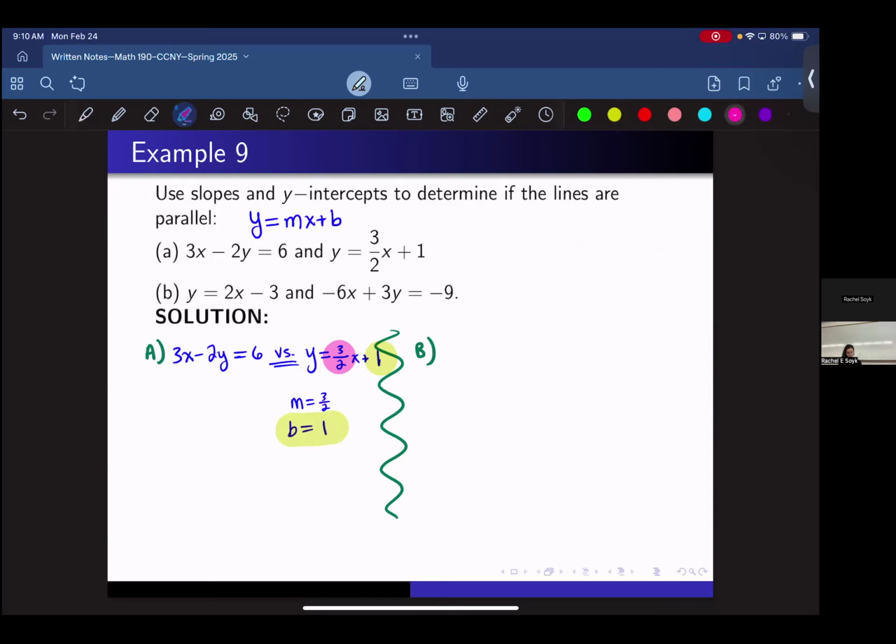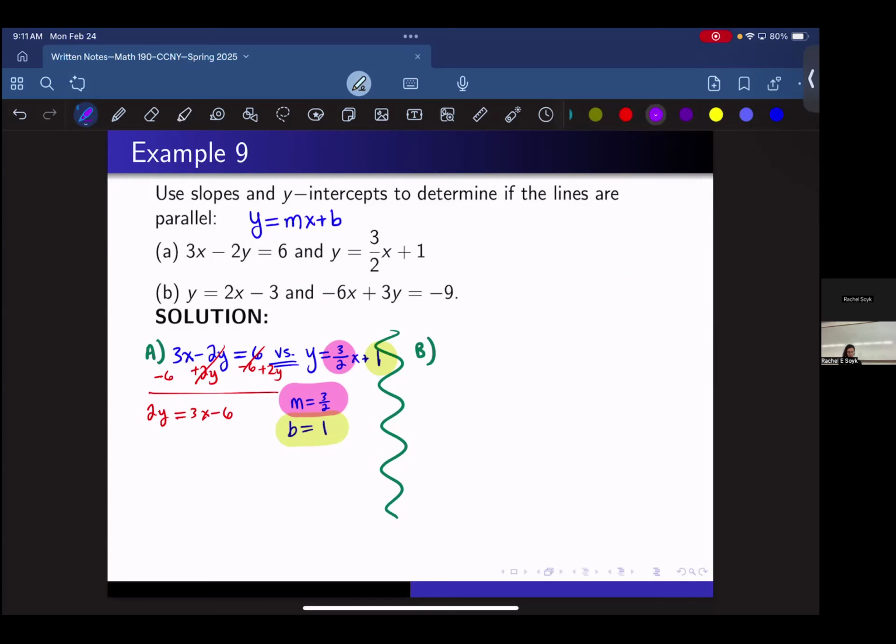But the second one, we're going to have to do some inverse operations. I'm going to go ahead and add 2y to both sides and then subtract 6 from both sides. So we're looking at 2y is equal to 3x minus 6.